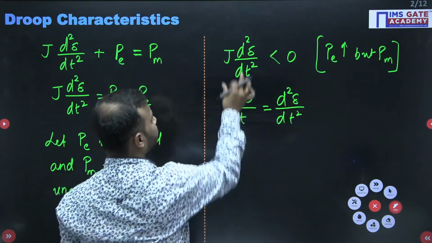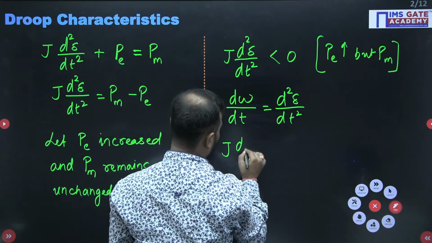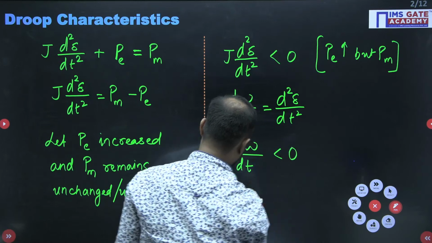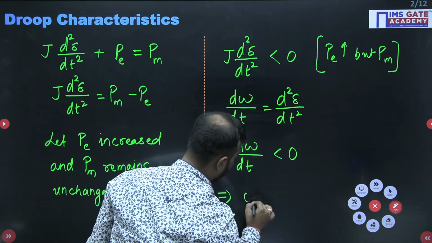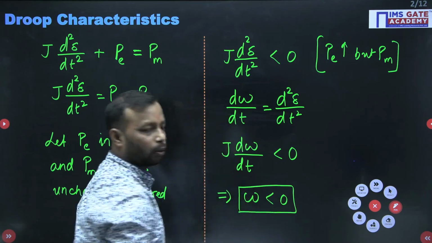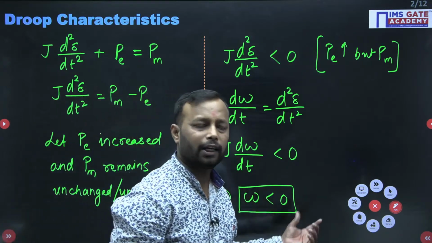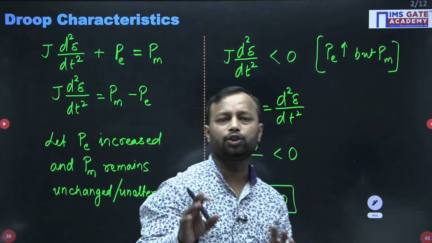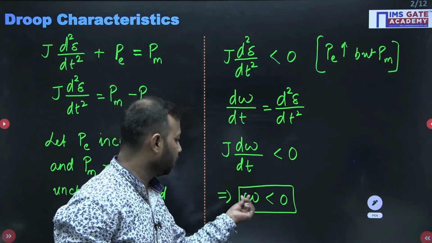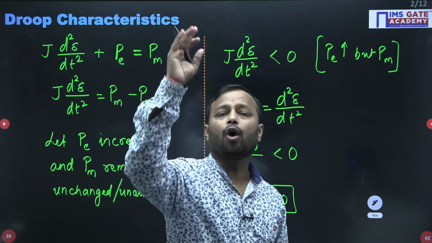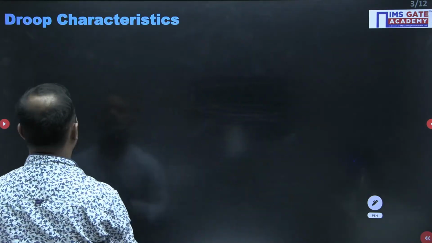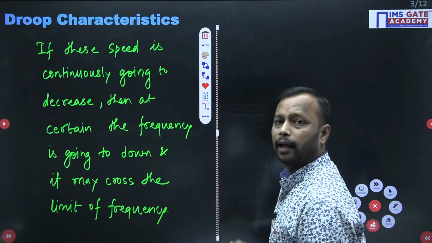Substituting this value here, d omega by dt is less than 0. So from here I can say that omega is going to decrease. This omega is nothing but the synchronous speed of the generator, and this has to be the same for all the synchronous generators.